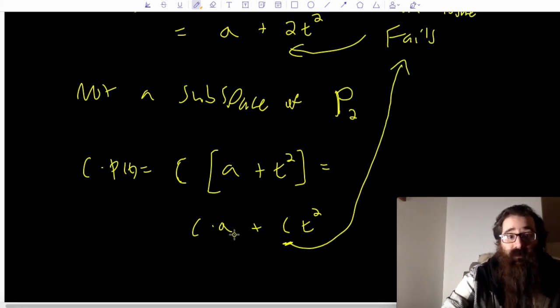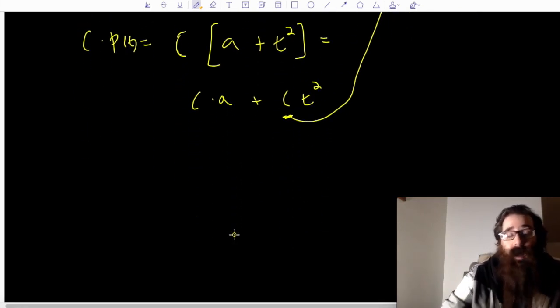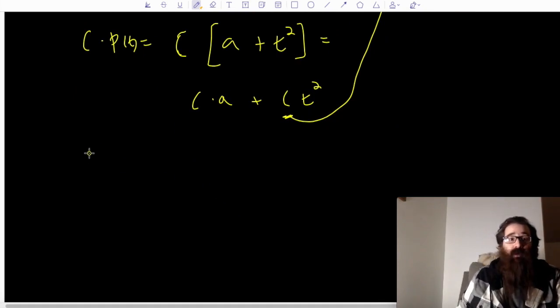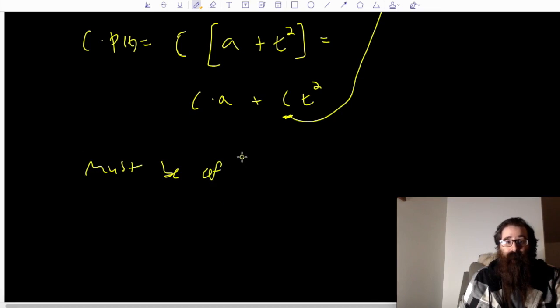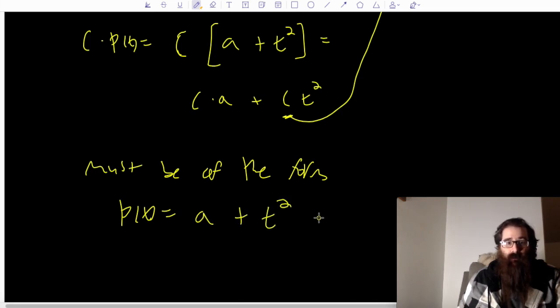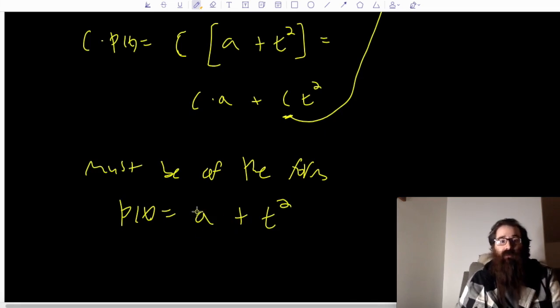Another thing to consider is if I'm looking for that zero element, I'm not going to have it. Right? My polynomials must be of the form p at t has to be some real number a plus my t squared term. Now, I have control over the real number, so we'll say, well, this could be any scalar, so why not let it be 0?